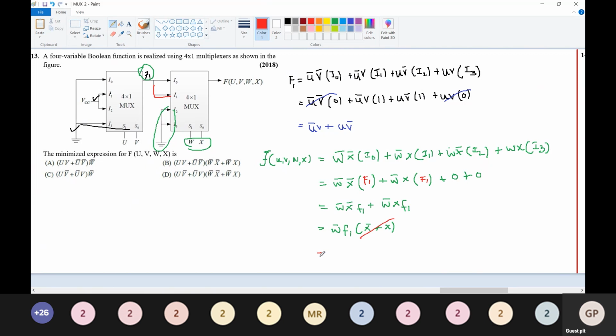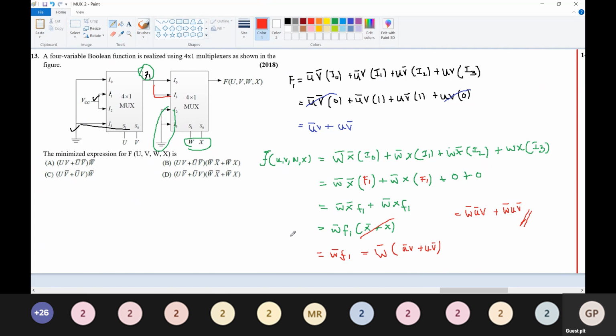Therefore, this leaves W dash into F1, where F1 can be further written as W dash into U dash V plus U V dash. So your final answer is W dash U dash V plus W dash U V dash.